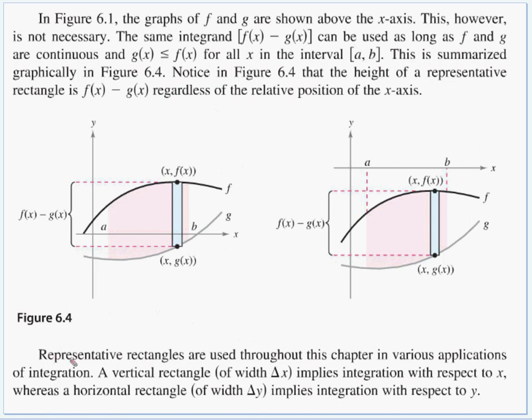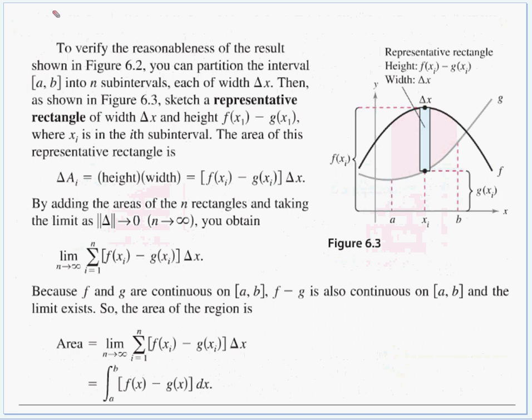Here at the bottom, representative rectangles are used throughout this chapter in various applications of integration. A vertical rectangle of width delta x implies integration to the x-axis. A horizontal rectangle of width delta y implies integration to the y-axis. And that's another good thing to point out here. When you are setting up an integral, another good reason to at least visualize this representative rectangle is we are always perpendicular to the axis of integration.